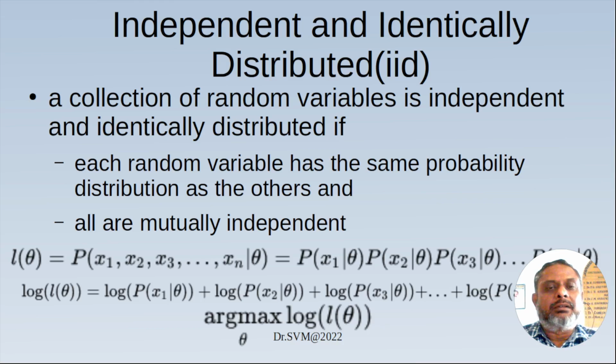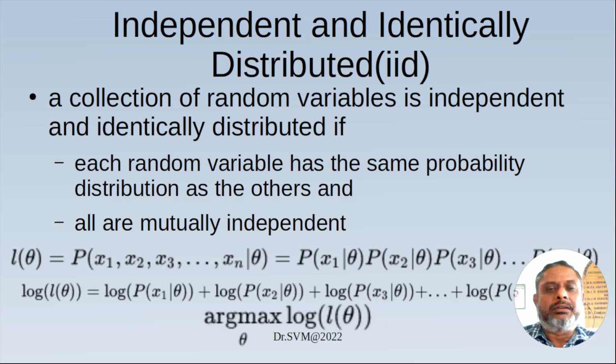The first thing we need to look at in our data is the assumption that the data is independent and identically distributed, or in short, IID. A collection of random variables is independent and identically distributed if each random variable has the same probability distribution as the others.